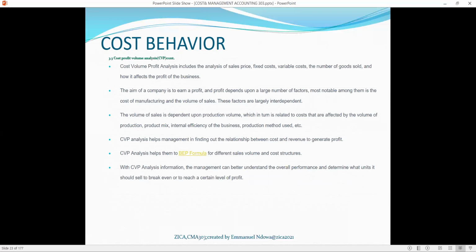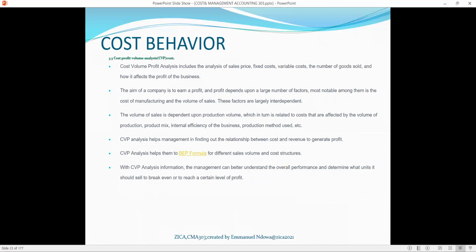If you can manufacture at lower costs and have a higher volume, you can realize much profit. And then another bullet point: the volume of sales is dependent upon production volume, which in turn is related to costs that are affected by the production mix, the internal efficiency of the business, and the production methods used.